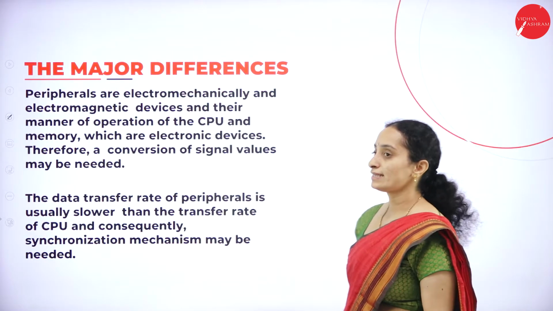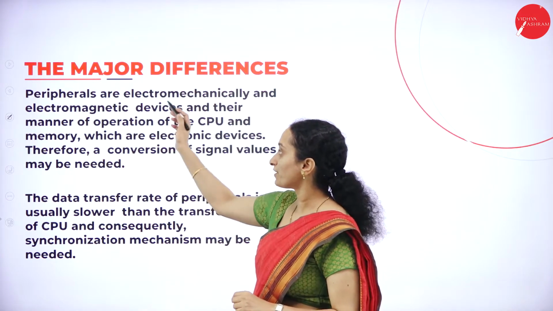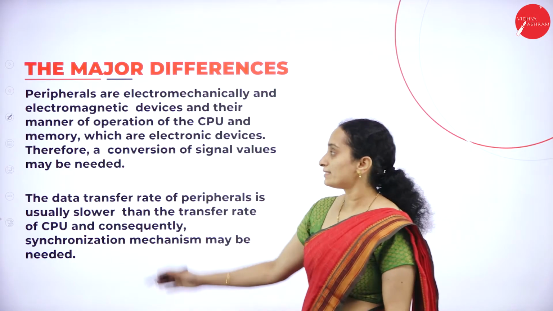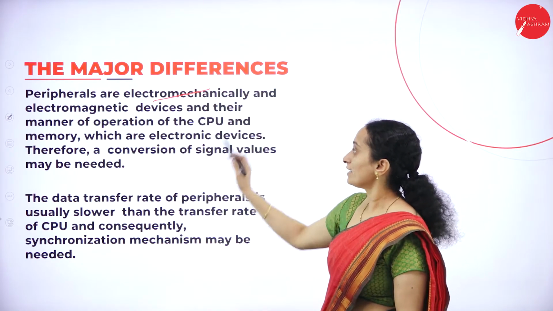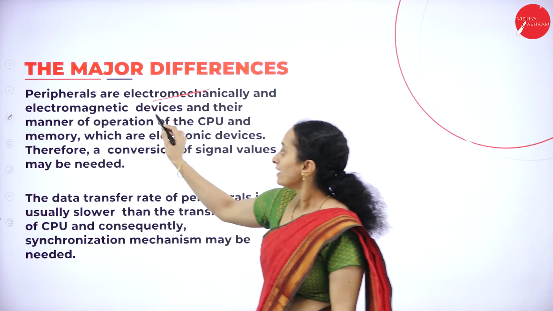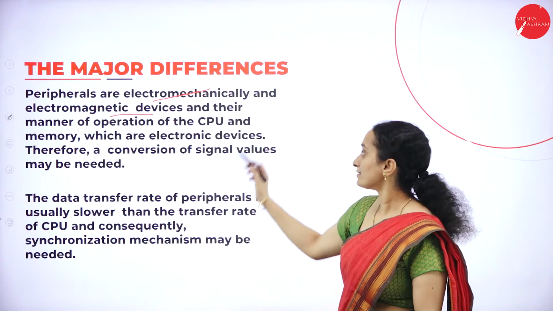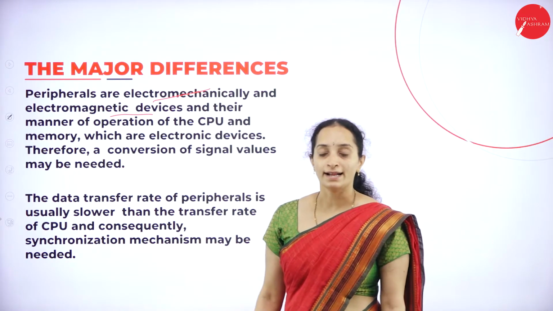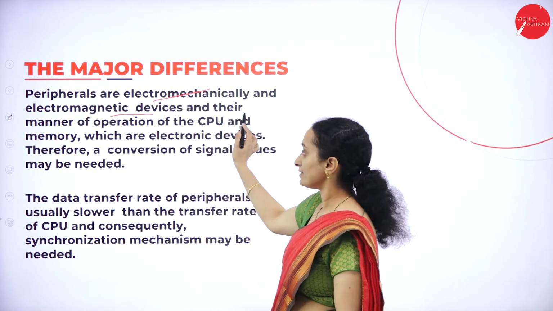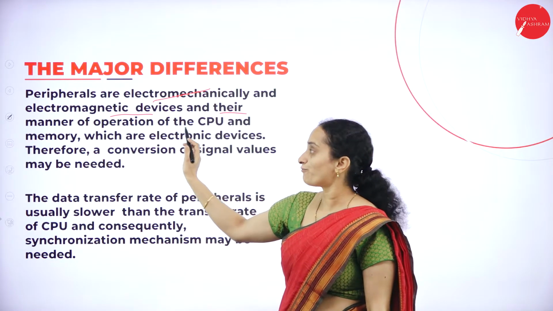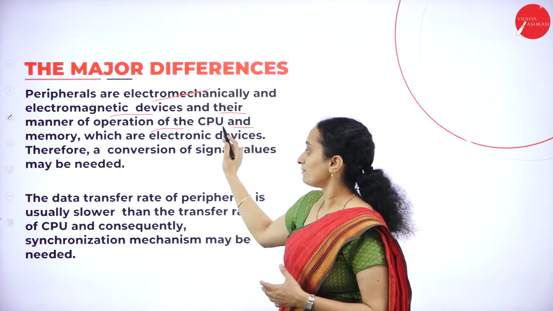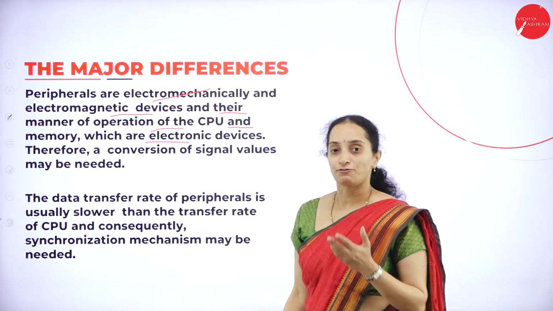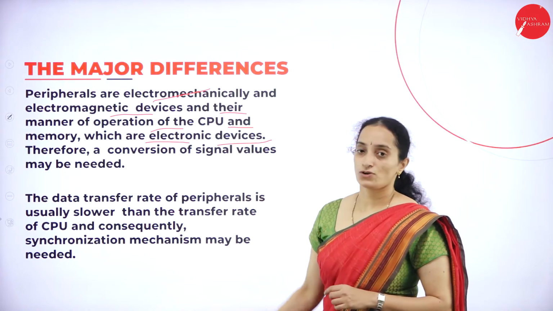Okay. So next thing is to know about the major differences. What are the major differences that exist? Peripherals are electromechanical and electromagnetic devices, and their mode of operation is different from the CPU and memory, which are electronic devices.